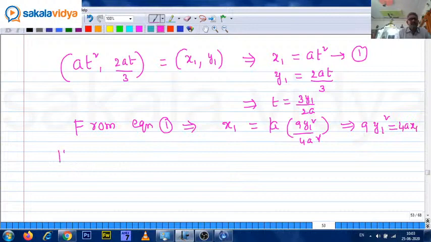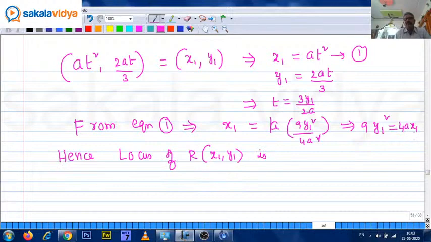Hence, locus of R(x1, y1) is, instead of x1 write x, instead of y1 write y, given by 9y square equals 4ax. This is the answer.